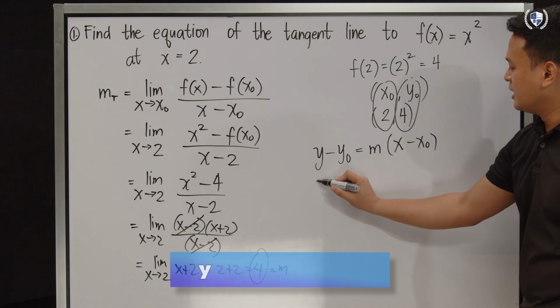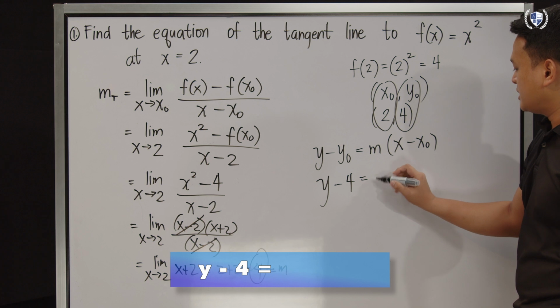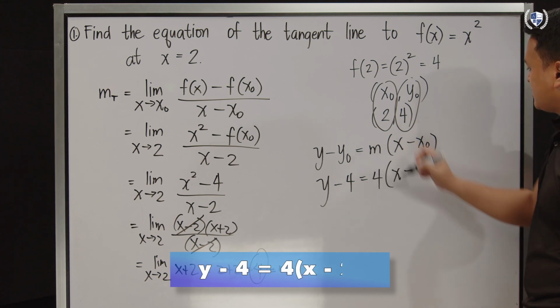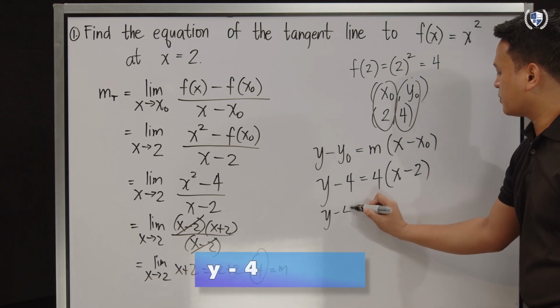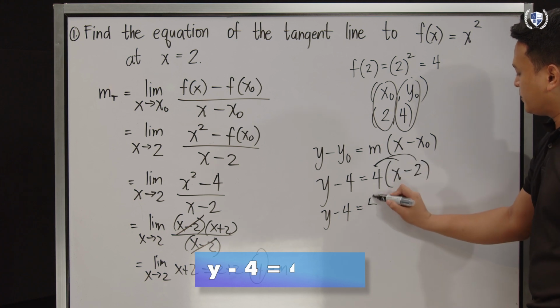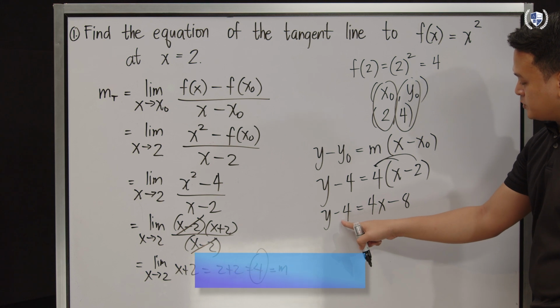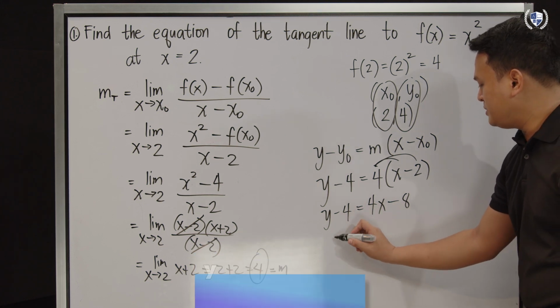Substituting everything, y minus 4 equals 4 times x minus x naught is 2. So this is just y minus 4 equals, distribute natin, 4x minus 8. Transpose minus 4 to the other side para yung maiiwan na lang sa kaliwa will be y.